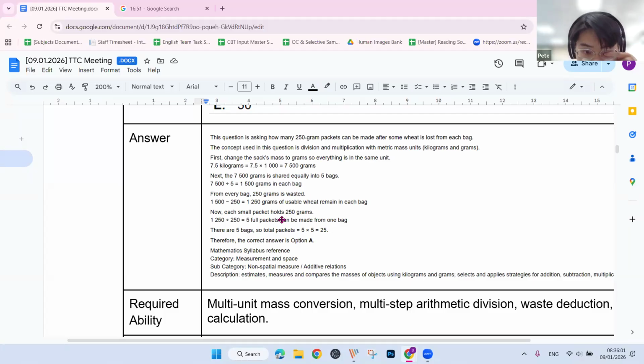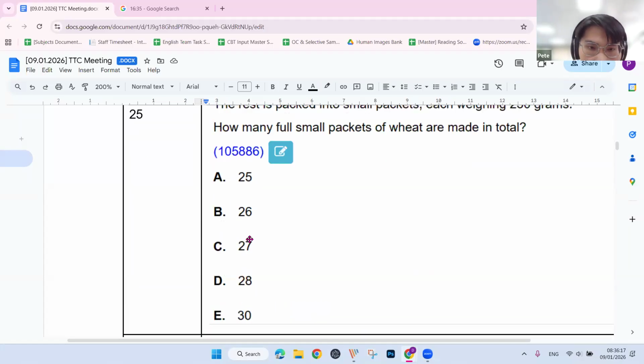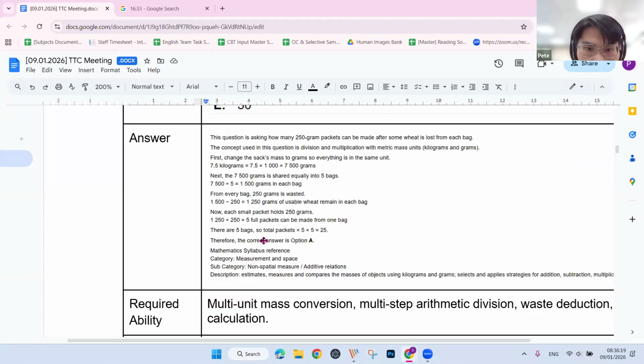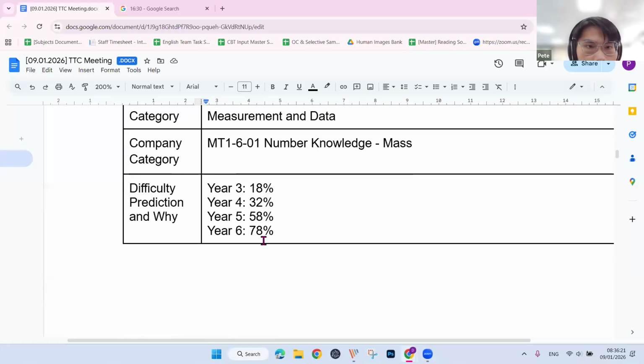So we have 5 full packets that can be made from one bag, and we have 5 bags, so 5 multiplied by 5 is 25 packets. So the correct answer is A, 25. The category is MT1601, number, knowledge, mass.